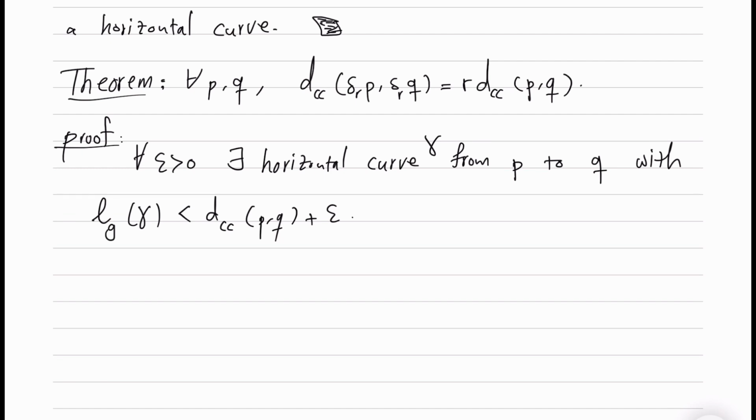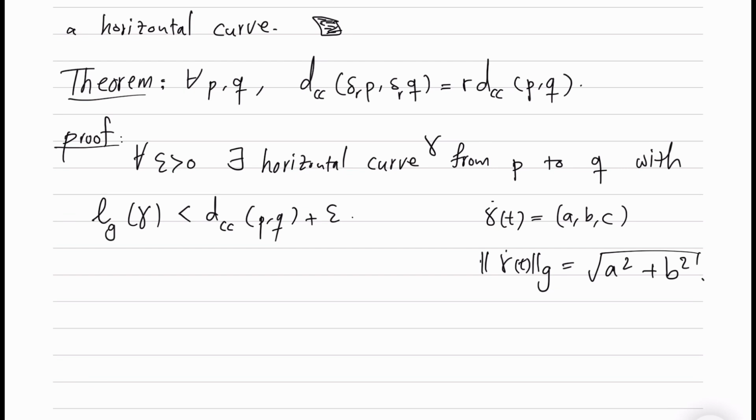So what is this L_G length of a gamma? If gamma prime of t is equal to A, B, and C, and it's horizontal, then the inner product G that assigns a norm to this curve is A squared plus B squared, hence ignoring the part C, which is, by the way, uniquely determined by A and B by the fact that it is horizontal.